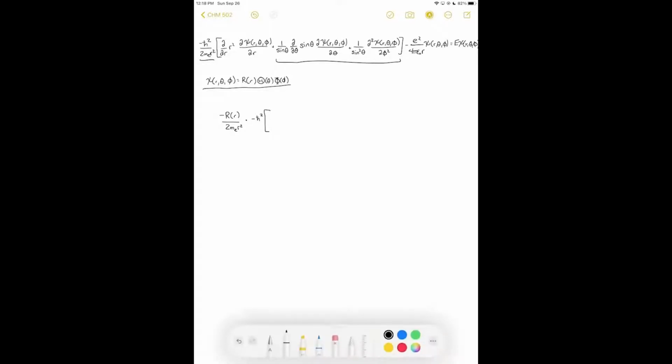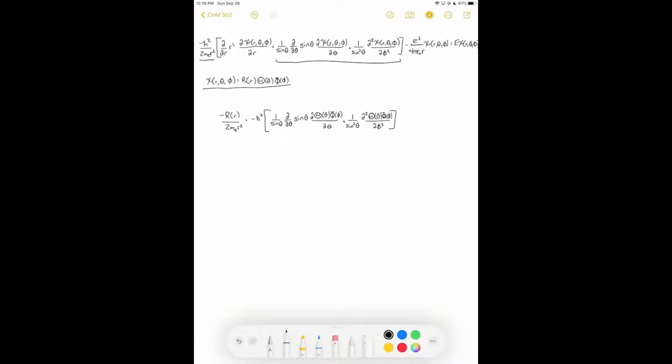So to save some time here, I'm just going to copy these. So this is our function on the inside. And what we've done is we're not taking the derivatives of our function of r, theta, and phi. We've already pulled the r components out. So instead we have our function of theta and our function of phi, and that should go in both places here.